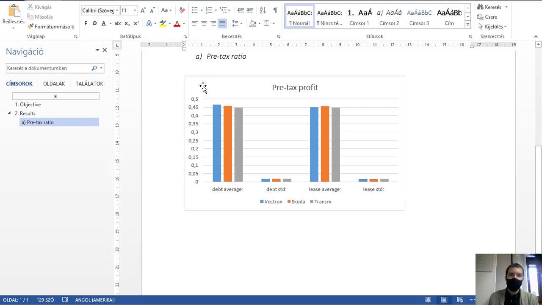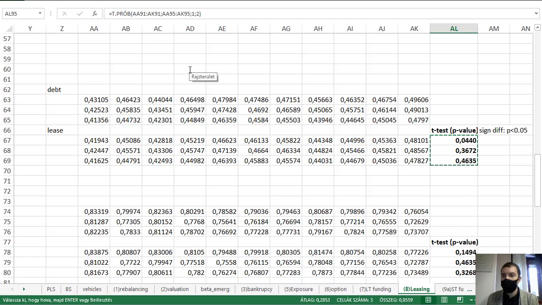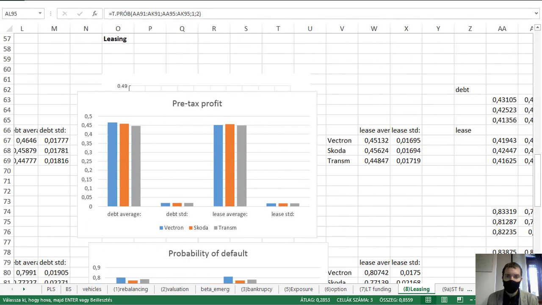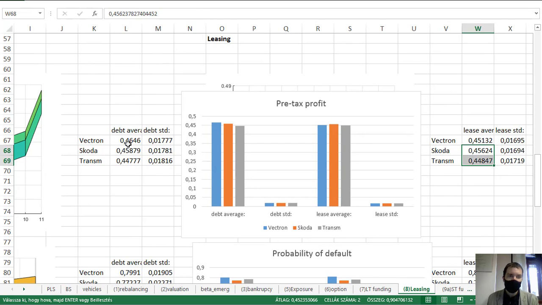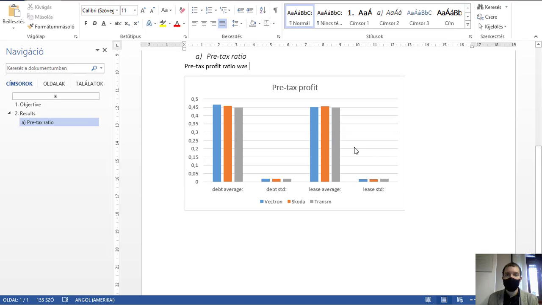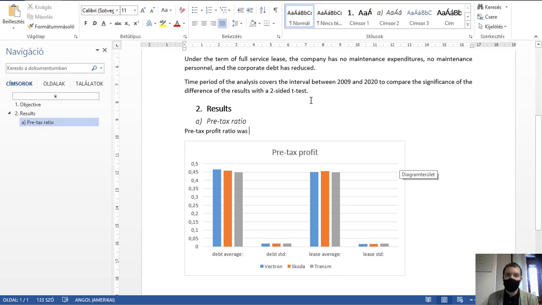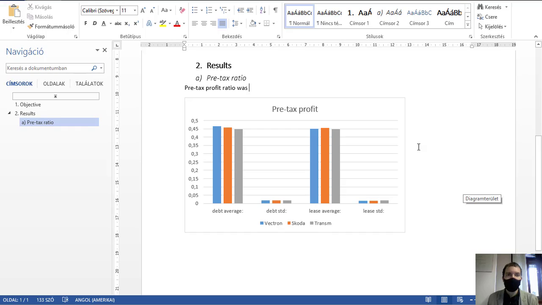Okay, so pre-tax profit was, because now a significant difference can be in here, so that's why the two-sided test was better.